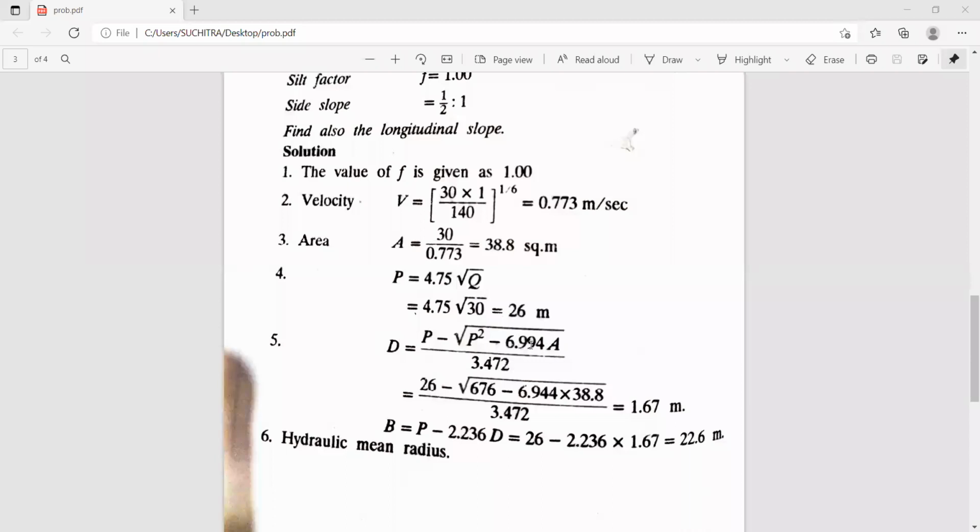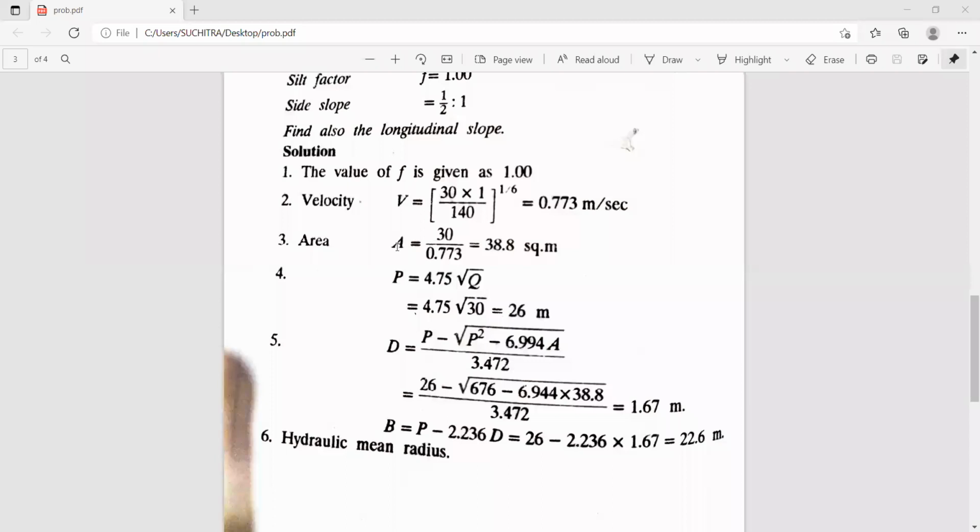They just write 6.994. It has to be multiplied by area. So this is the equation to find the value of D: D is equal to P minus square root of P square minus 6.994 times A, all divided by 3.472. When you substitute the value of P and A, you get the value of D as 1.67 meter.